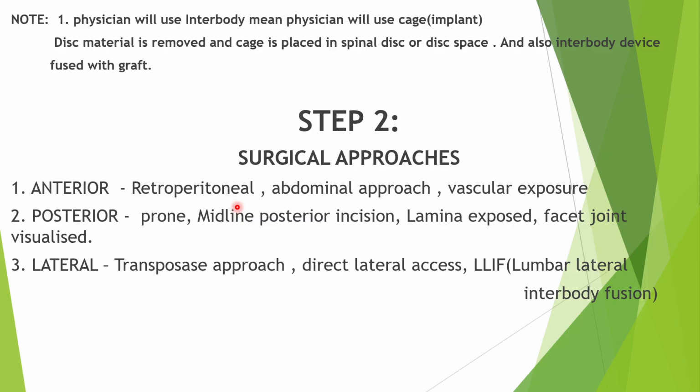Okay, coming to the next, that is the posterior approach. Posterior approach means back, where the surgeon will reach the spine through the back. So how is it done? In some OP reports it looks like the patient lies in the prone position, face down, with a midline posterior incision made in the center of the back, and the back muscles are separated to expose the spine.